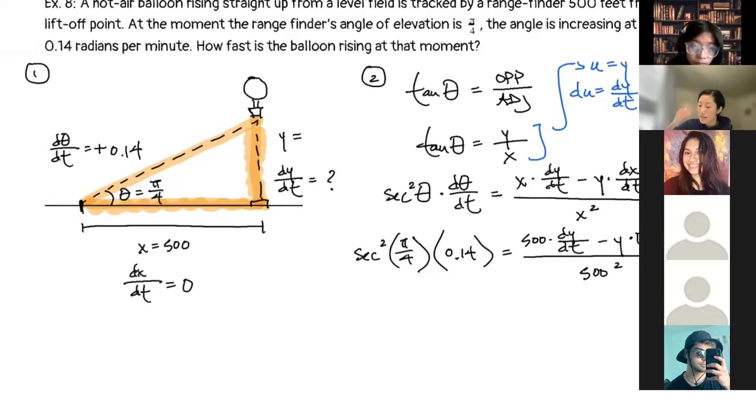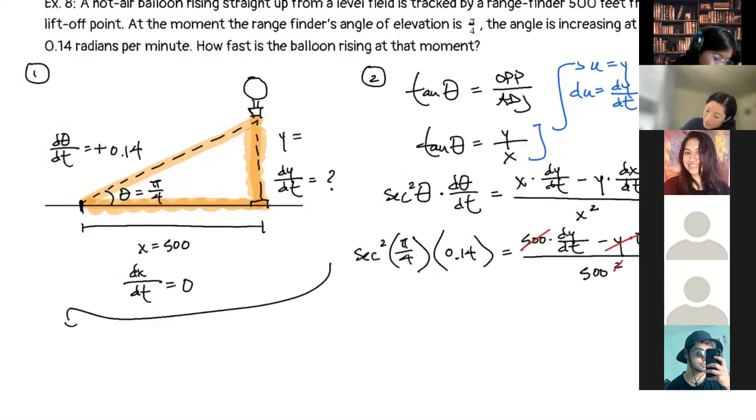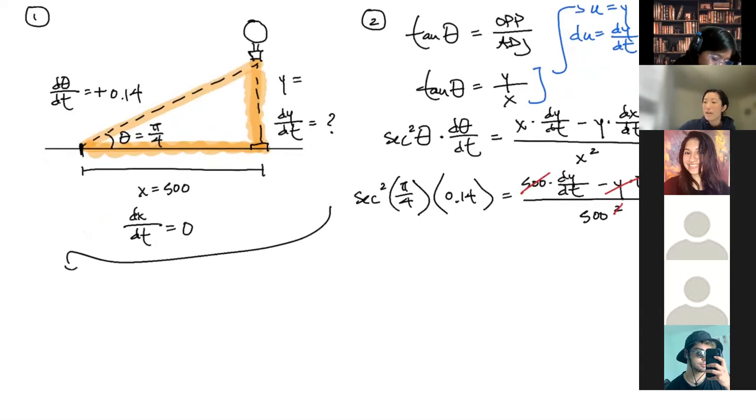So this last line here, all I did was substitute in the values I have. Now we're going to manipulate a few things. y times 0 is going to go to 0, so I don't need to worry about that term. Additionally, one of these 500s will reduce with the other 500 on the bottom. There's one last thing we're going to take care of here: what is another way to write secant, maybe a nicer way that involves values that we know? 1 over cosine, exactly.